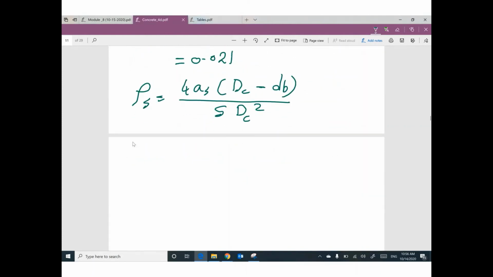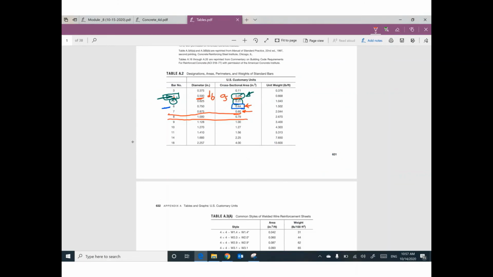So which size am I going to use? I'm going to use number 3 spiral bar. DB, the diameter of size number 3, is 0.375.